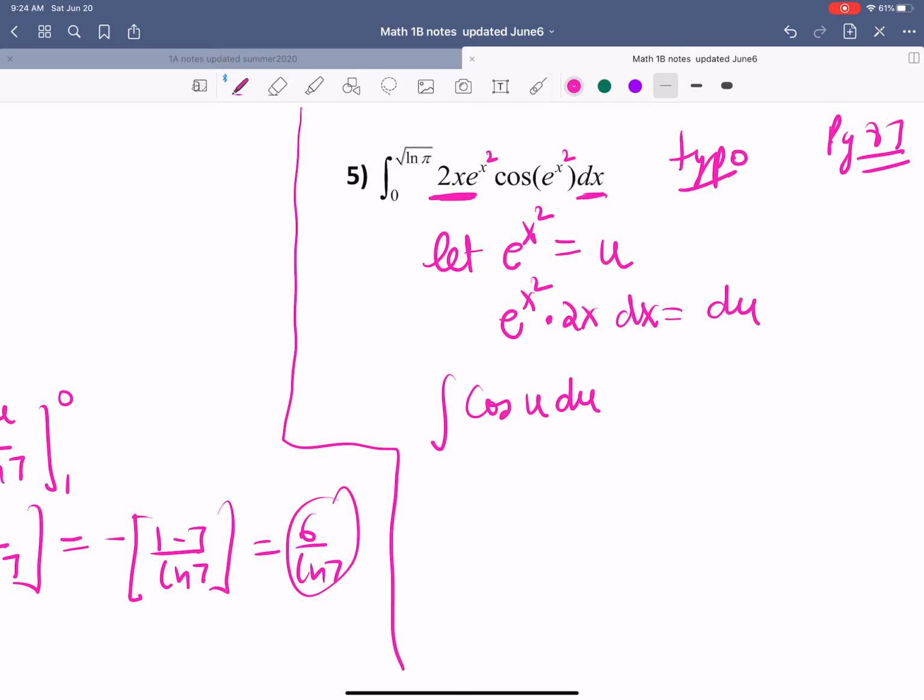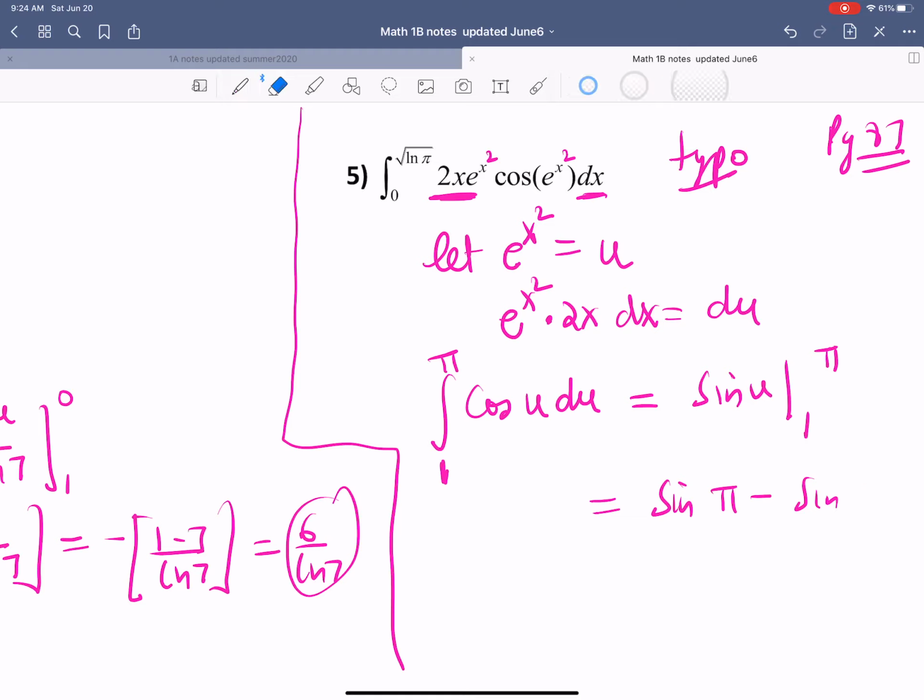When x is 0, u would be 1. When x is square root of natural log of pi, u would be just pi. Okay. The integral of cos u is sine u from 1 to pi, which turns out to be sine of pi minus sine of 1.